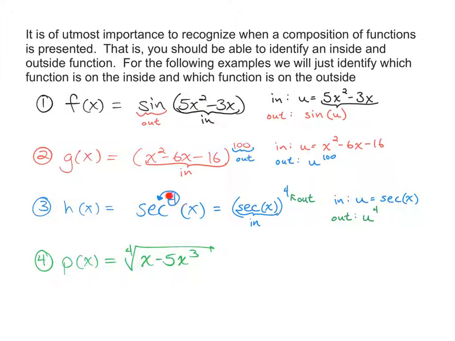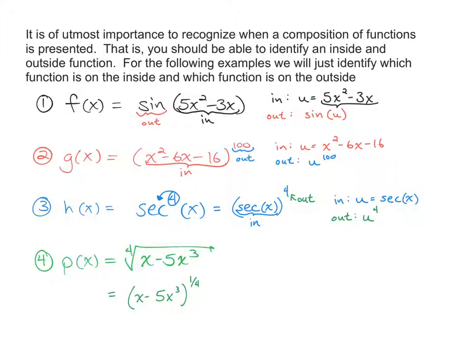but the exponent in this case is hidden right after the secant, and that is what ends up being the outside function. And for this last one here, we have p of x equals the fourth root of x minus 5x cubed. And that, again, to see this easier, should be rewritten as x minus 5x cubed to the 1/4 power.